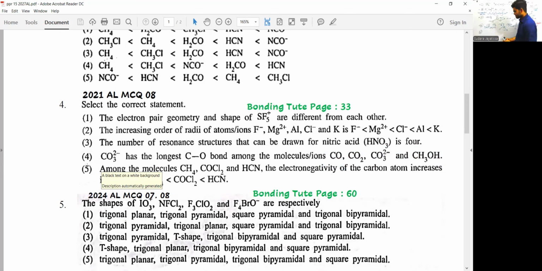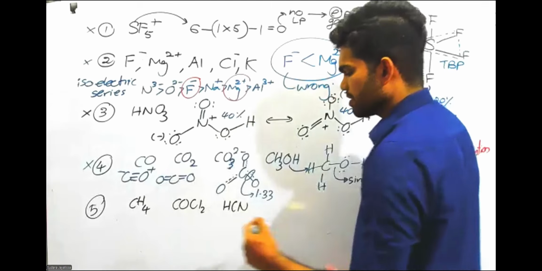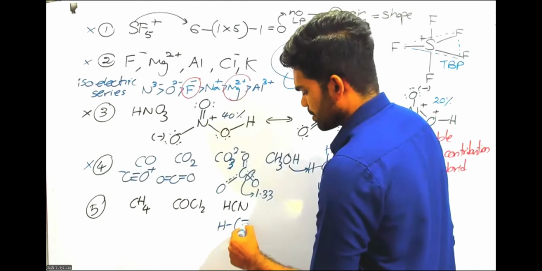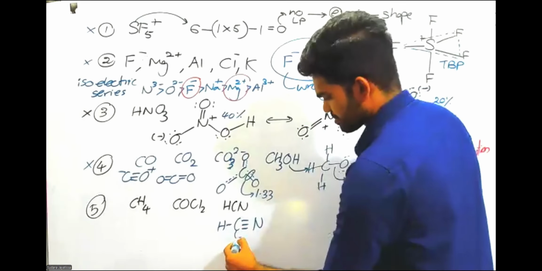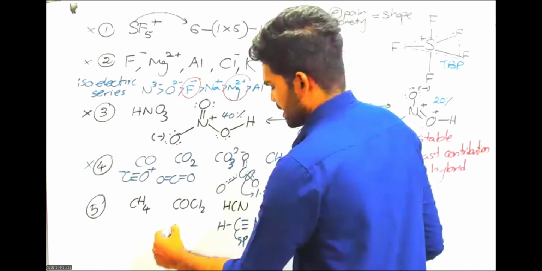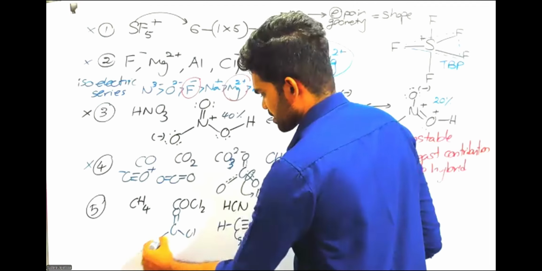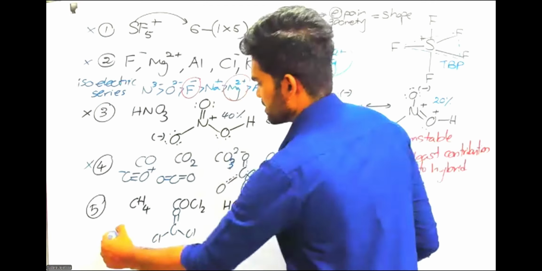Let's see the molecules. What are they? CH4 and COCl2 and HCN. So you don't have to draw even anything. If you just look at them and think about the arrangement, you will notice that here you have an sp hybridized carbon. And COCl2, you have an sp2 hybridized carbon.